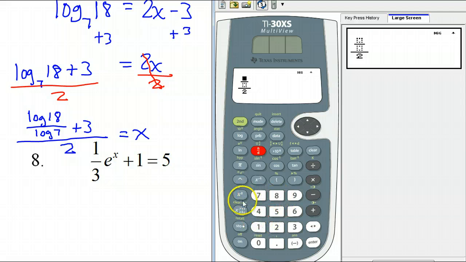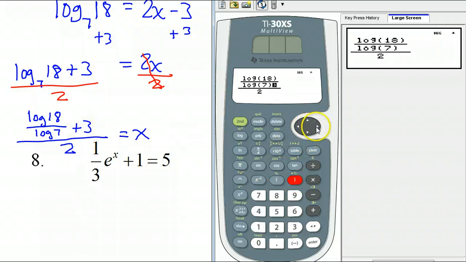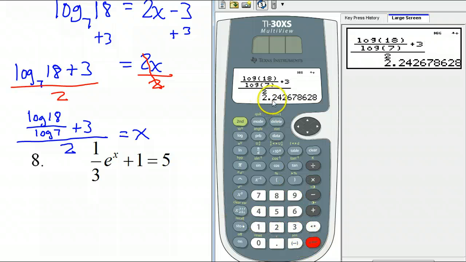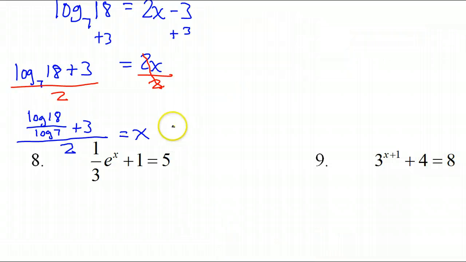So now I can type in log 18 over log 7. Alright, and I still need a plus 3 up here. So there it is, just like it looks on the paper. So 2.24.